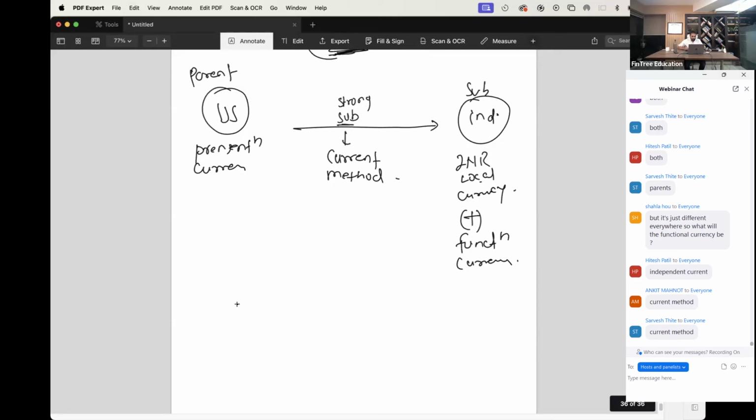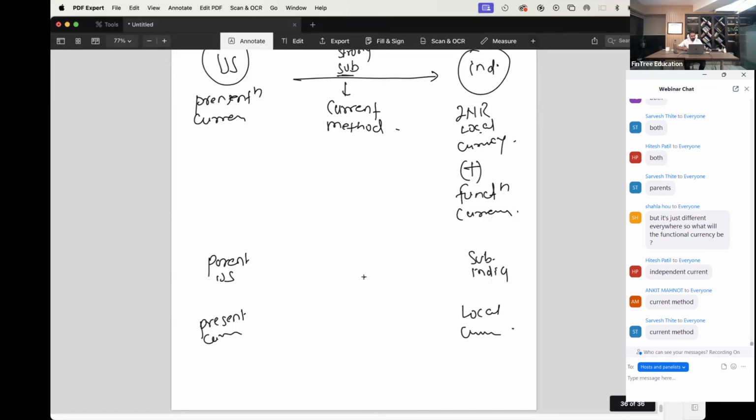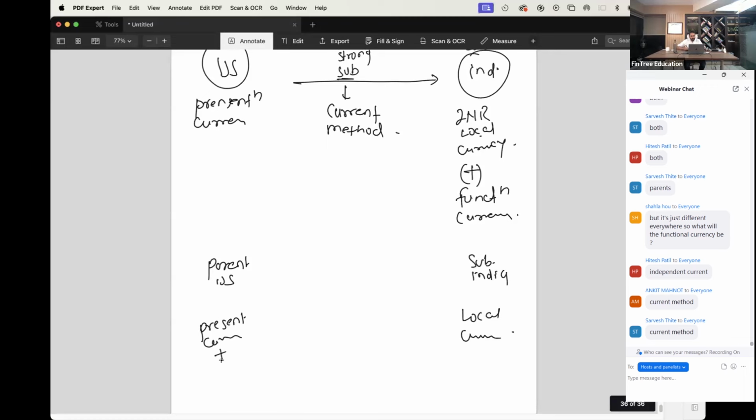But imagine an environment where the parent is in the US, that's their presentation currency. The subsidiary is in India, so the Indian rupee is the local currency. However, the presentation currency also happens to be the functional currency. That means the boss sitting in the US is taking all the calls.